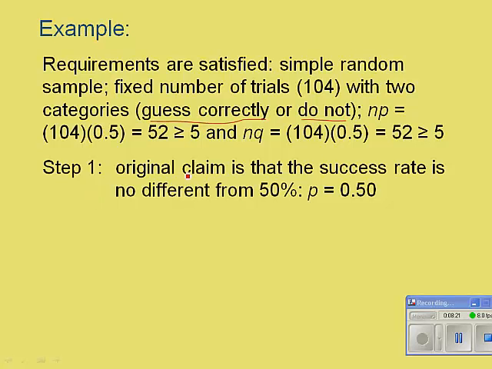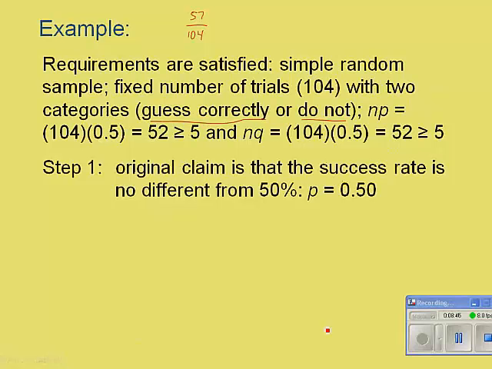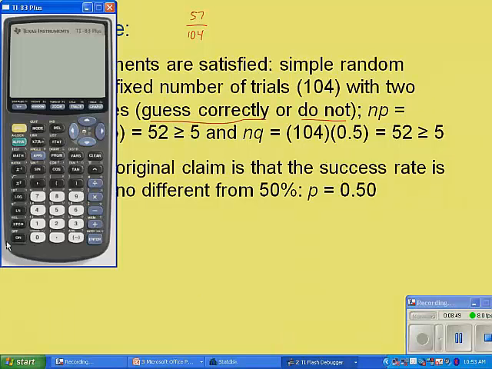Step 1. The original claim is that the success rate is no different from 50%. Right? Because they got 57 out of 104, right? So they got, double check that. It was 57, yeah. What does that equal? 0.53?